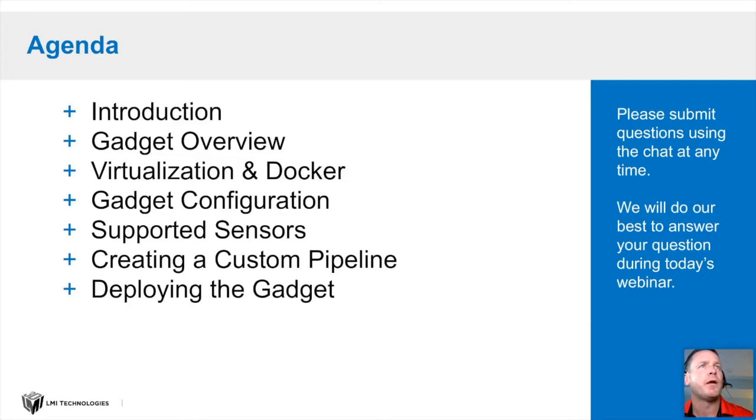And then we'll apply the Gadget configuration, discuss some of the supported sensors and how they're used, and then we'll walk through the pipeline customization for the same model that was developed in the first part of the webinar series, and then we'll conclude by deploying the Gadget so that you have some ideas and are familiar with how you might deploy your own models using this platform.